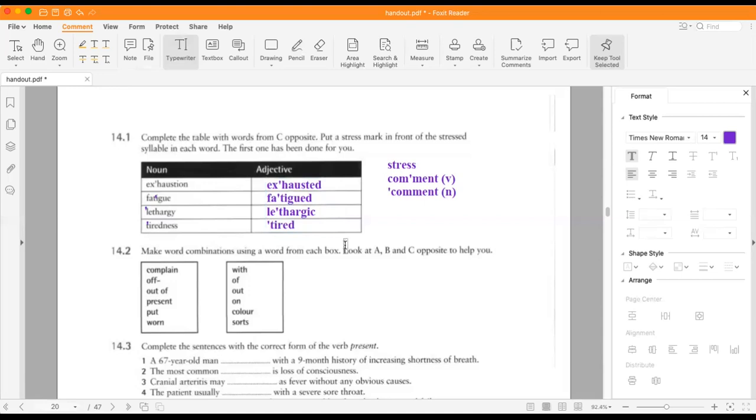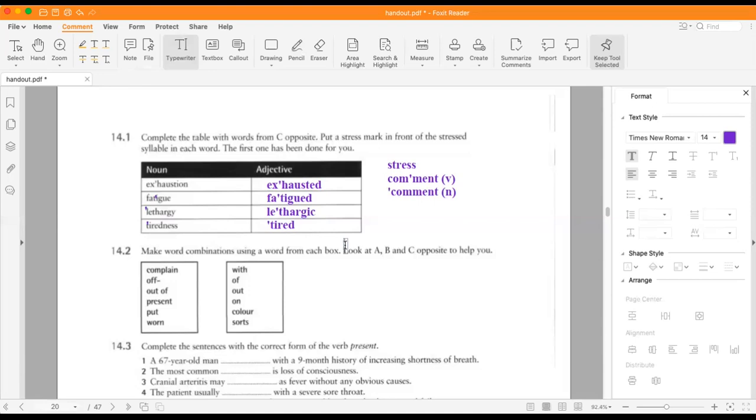So, why is this part important? This part is important in order to take care of and to notice the difference in pronunciation between the noun and the adjective and the verb. Like, for example, between comment and comment, between lethargy and lethargic, all right?